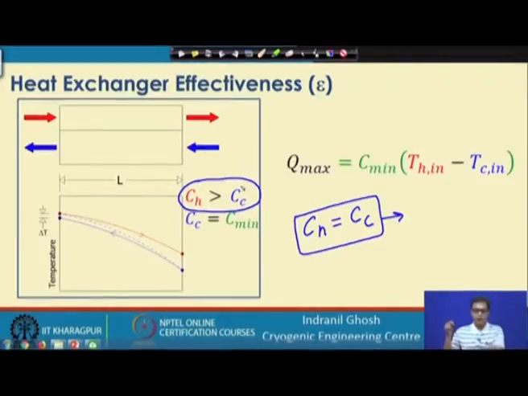So, in case we have C H greater than C C, we find that the hot fluid is coming in at T H in and going out at T H out, and the cold fluid enters at T C in and leaves at T C out.